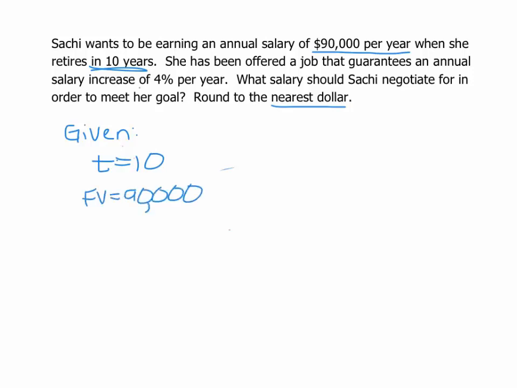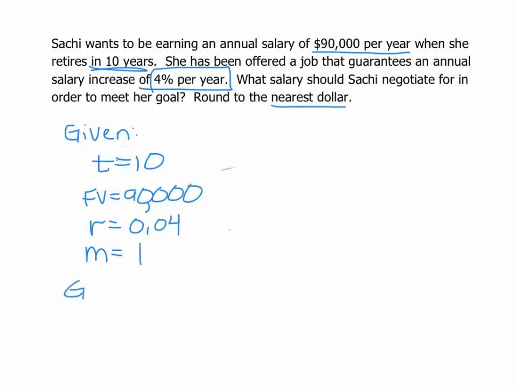We also know that she's guaranteed a salary increase of 4% per year. So my R is 0.04 and my M is 1. Now the reason why the M is 1 is because she only gets that raise one time each year. If she got a 4% raise every 6 months, then our M would be 2.